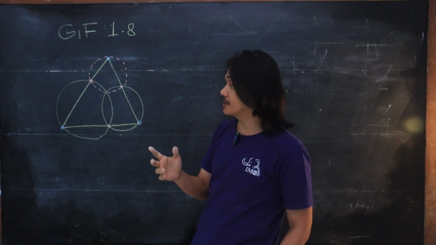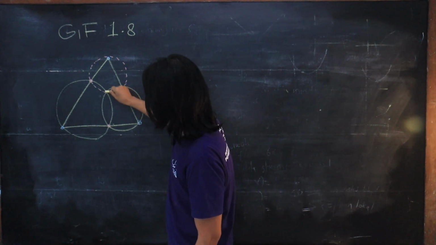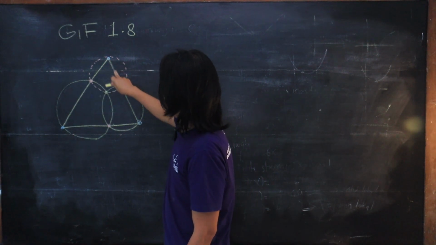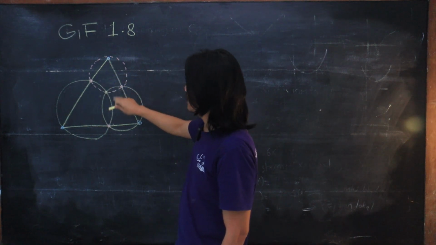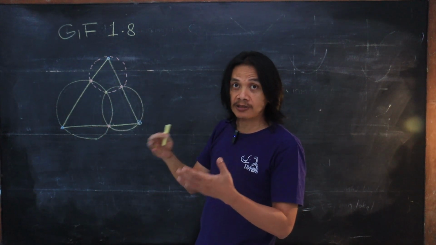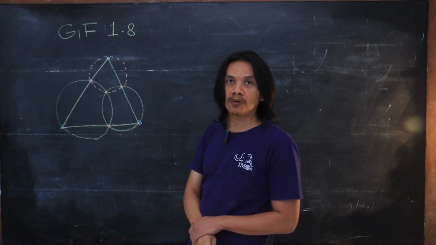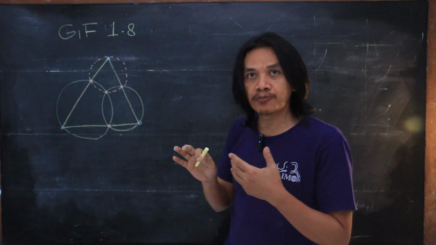The claim is that the intersection of these 2 circles, together with the 3 other vertices here, is concyclic. They form a cyclic quadrilateral. So that's what we are going to prove here.